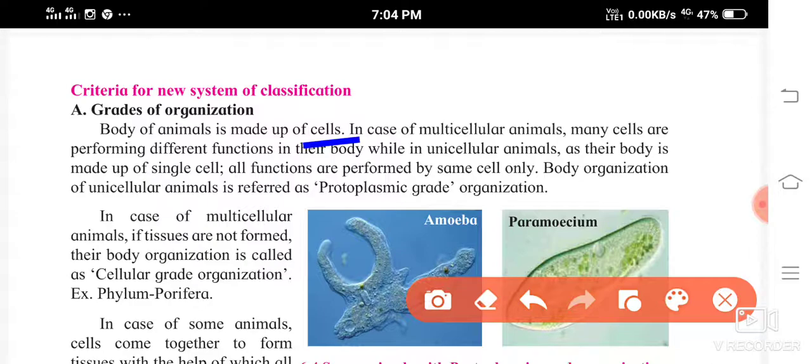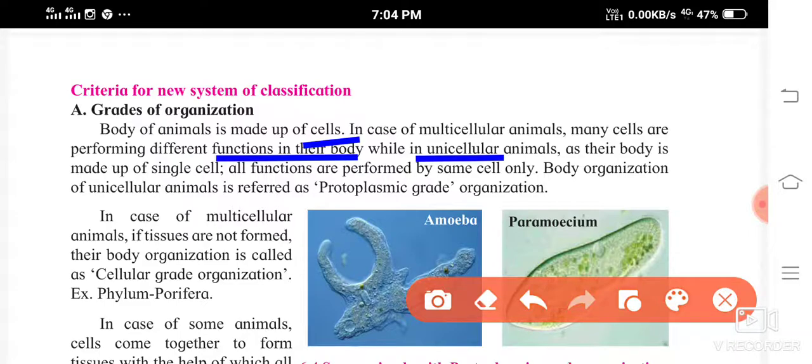Now we will see on what system the grades of organization is based. The body of animals is made up of cells. Multicellular animals are made up of many cells, and these cells perform different functions in their body. But in unicellular animals, uni means made up of only one cell.